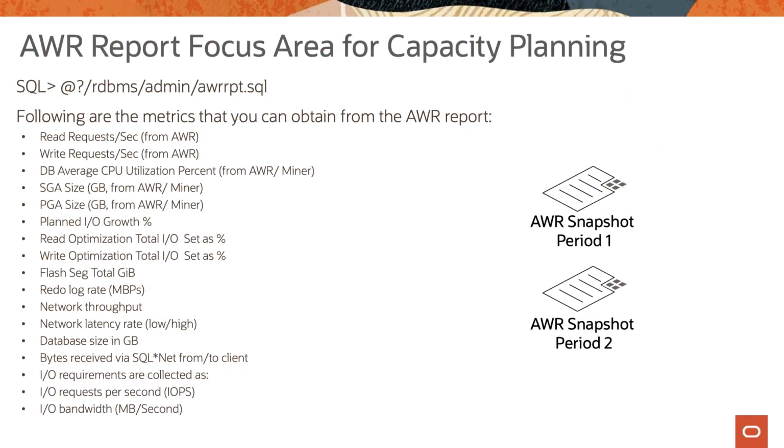To get an AWR report from the command line, go under Oracle Home, inside the rdbms and admin folder.